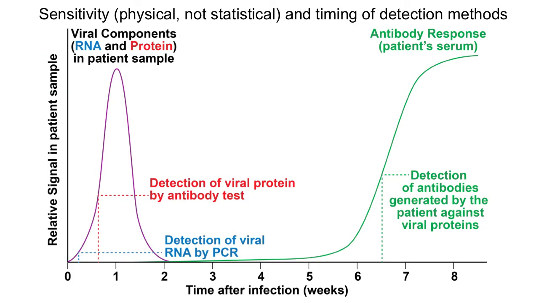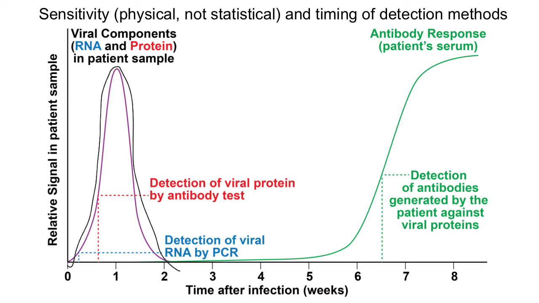So in addition to the physical sensitivity of these tests, there's also a timing issue. Here I've shown the time course of a viral infection. In purple I've shown how much virus there is in a person's sample, the sputum or the nasal swab that we took from them.